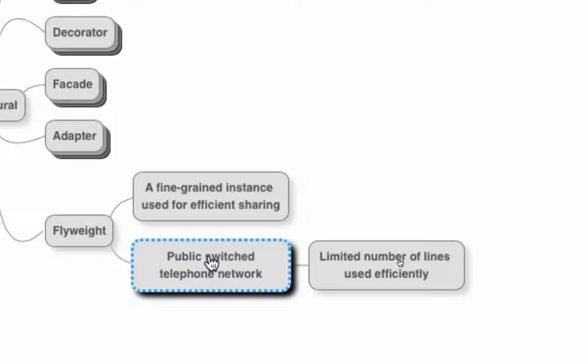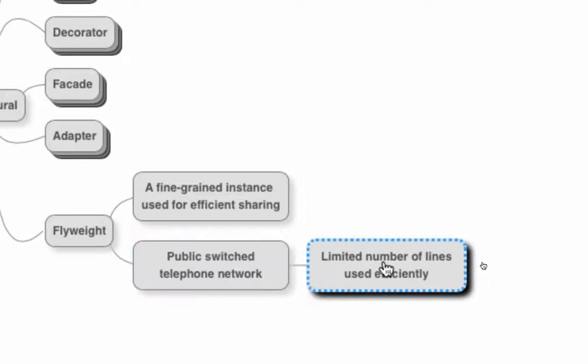When I lift the phone, for me it's as if I have a connection of my own, but it's actually not. There are only a limited set of connections, and the public switch telephone network makes sure that those are properly used. So that's exactly the flyweight pattern.